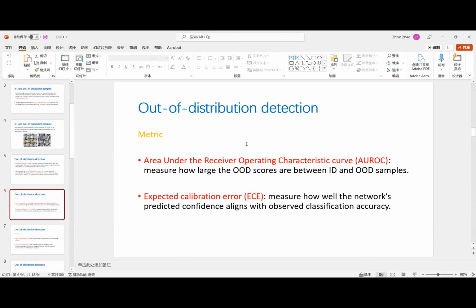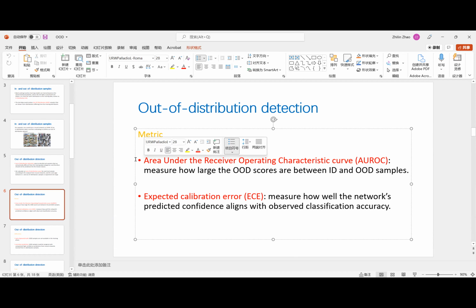The other metric is the ECE, which is used to measure how well the network's predicted confidence aligns with the observed classification accuracy, which means that we expect the classification accuracy to be the same as the predicted confidence. But we usually use the first metric, AUROC.